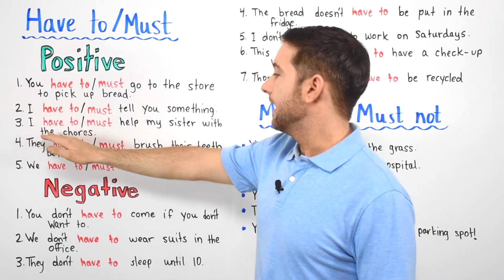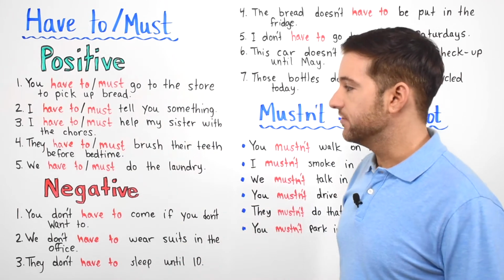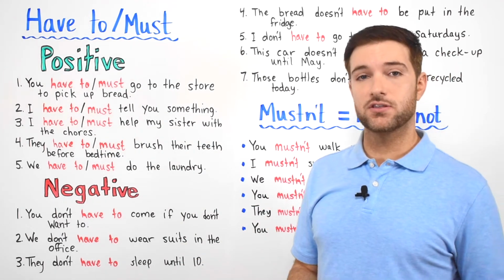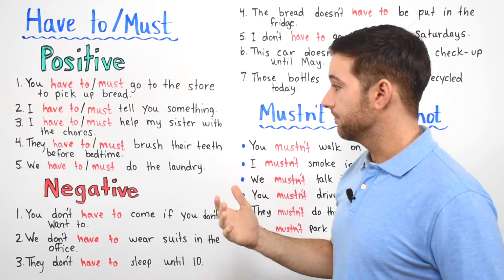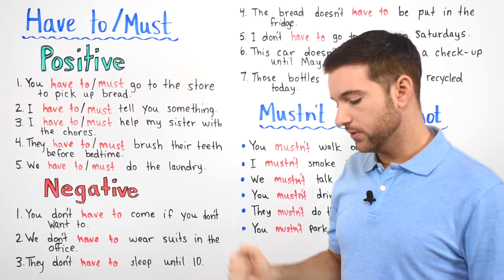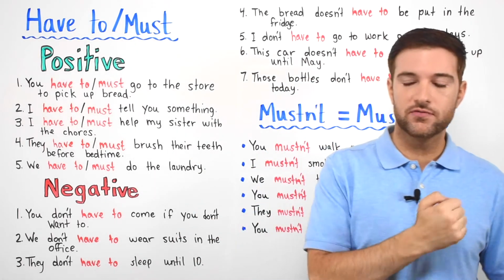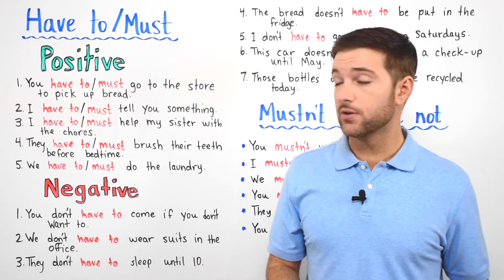Number three, I have to help my sister with the chores. Now, chores, as you know, because we've learned this word in other lessons, chores are the things that you do around the house, like when you wipe the windows, or when you mop and sweep the floor, when you clean the kitchen, when you clean the living room.